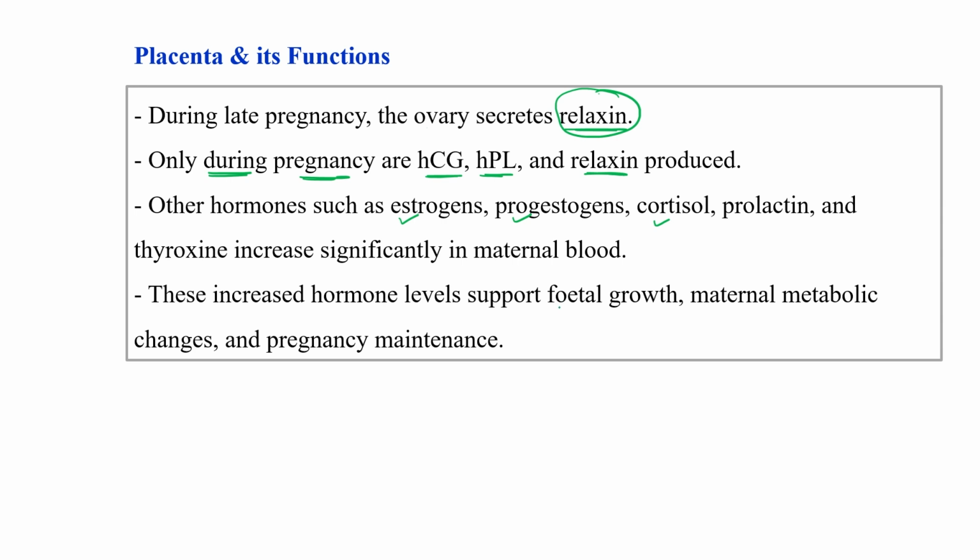The concentration of these hormones increases during pregnancy because they provide fetal growth support. They provide support to fetus growth, and they provide support to metabolic changes that occur in the mother's body, and to maintain pregnancy also.